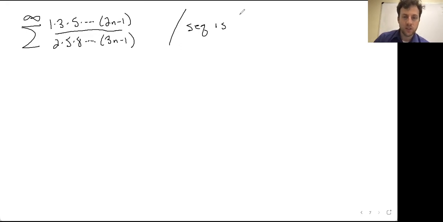So the sequence looks like 1 over 2, then the first 2 odd numbers and the first 2 numbers by starting at 2 and jumping up by 3, then 3 odd numbers, and then we go 2 times 5 times 8.